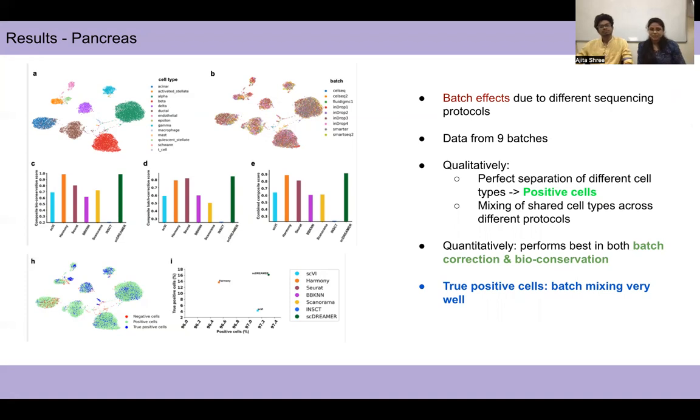In panel H, there is a large presence of positive cells denoted in green, which shows that the separation between different cell types is very well attained, whereas the blue cells, which are true positive cells, indicate that the batch mixing is very well attained.